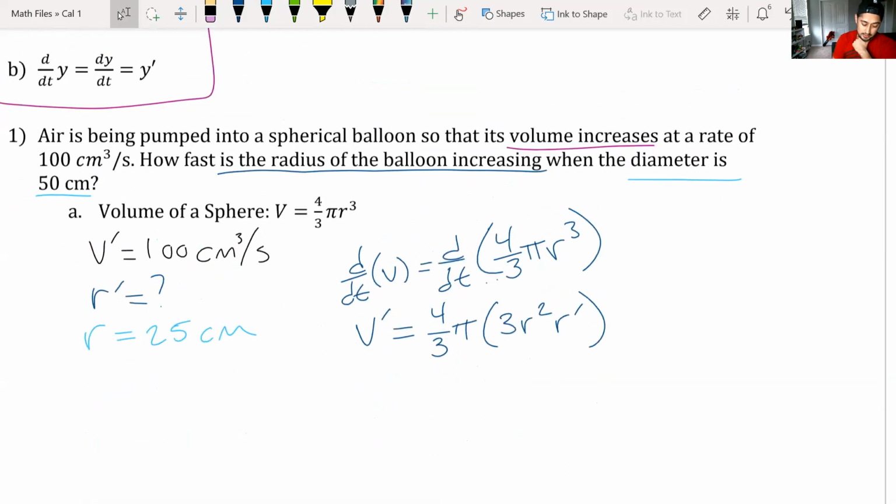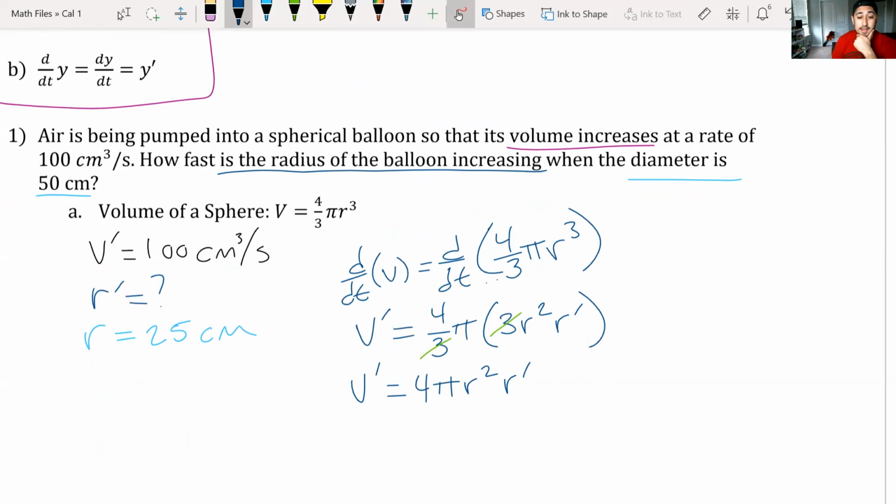Okay, now let's clean it up. And I get V prime equal to, of course, this 3, that 3, cancel. You are left with 4 pi r squared r prime.